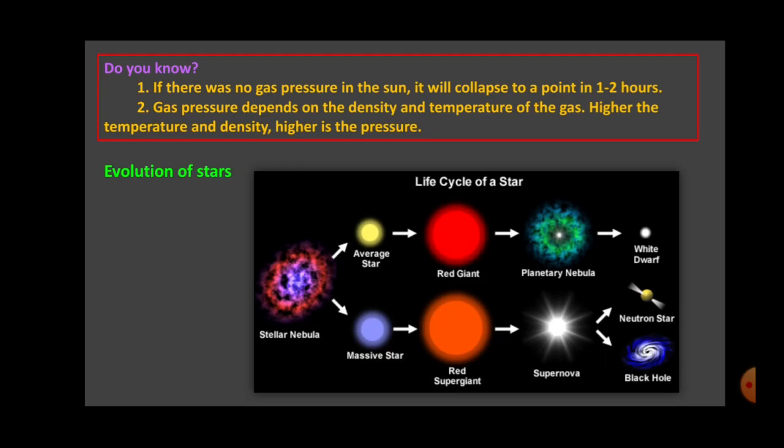We had studied that the sun has not changed for many billion years, right? How do they remain stable? As I explained in the previous picture, to remain stable they have to maintain the balance between the pressure and the gravitational force.